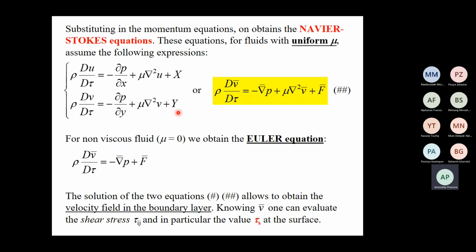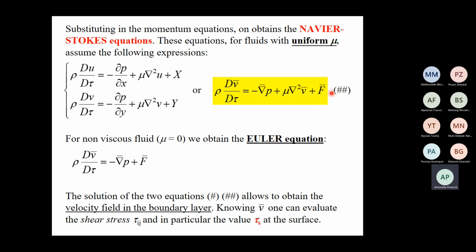So for the momentum equation, I have actually two equations in the two-dimensional case, one for x and one for y. Here in yellow is the same, but written in a more compact way, substituting the velocity u for the x direction and the velocity component v for the y direction, as a vector.